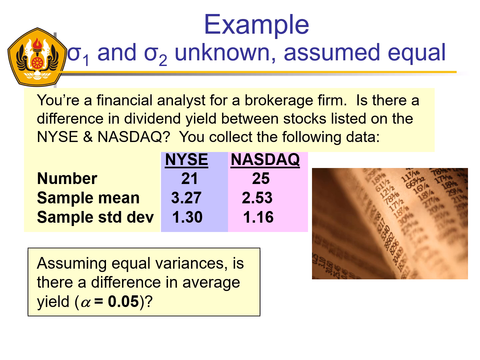So by assuming that the variances are equal, is there a difference in average yield? Test using alpha 5%.